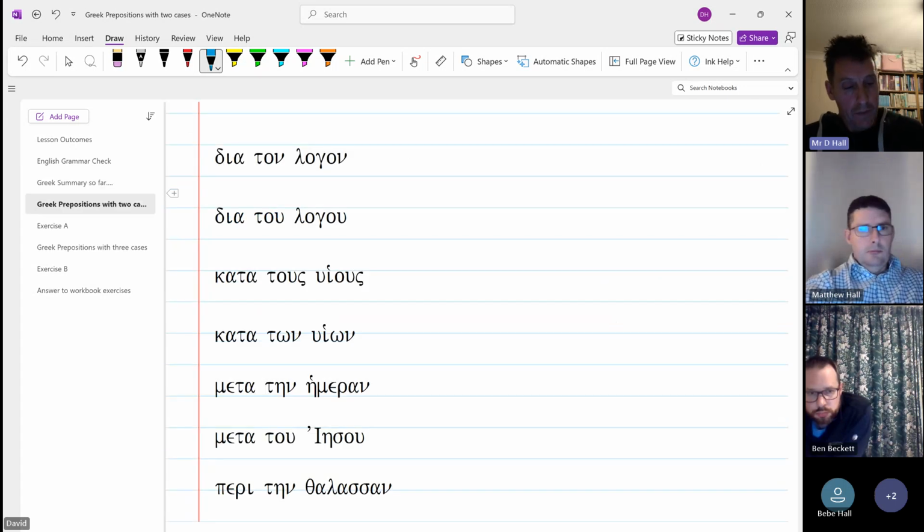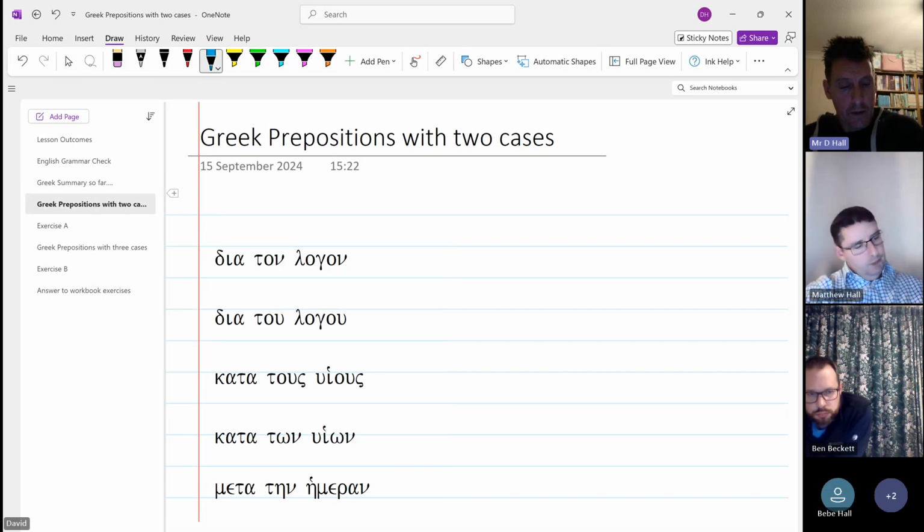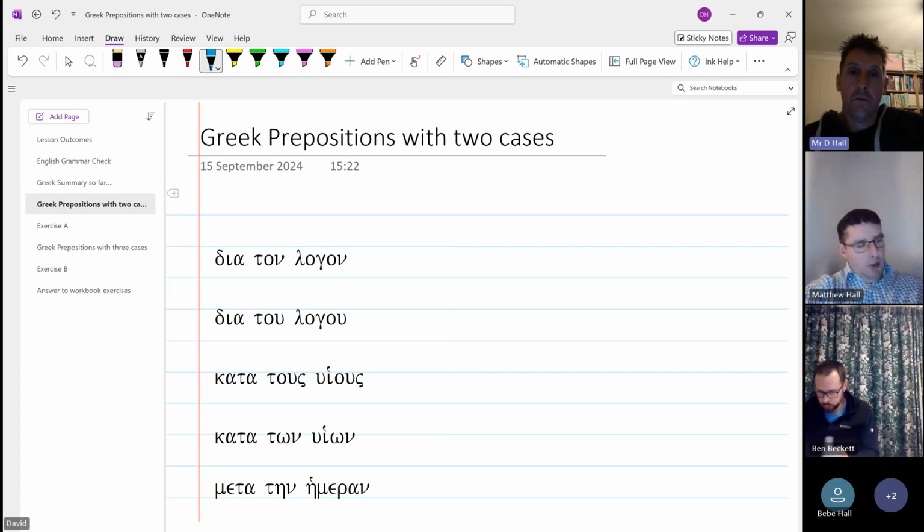So, right, prepositions with two cases. We now are going to look at a series of prepositions that may have a different case after it. The noun that follows might be in the accusative or the genitive, or it might be in the dative, and so on.